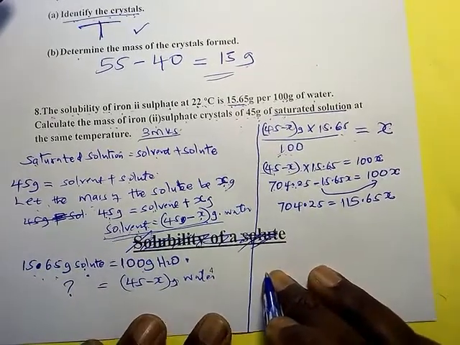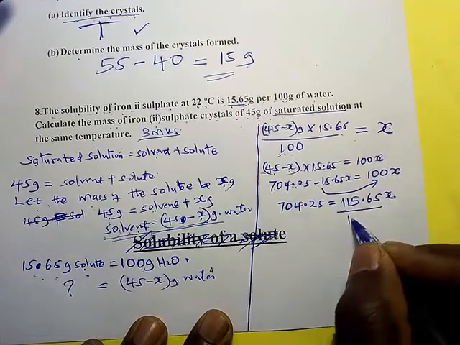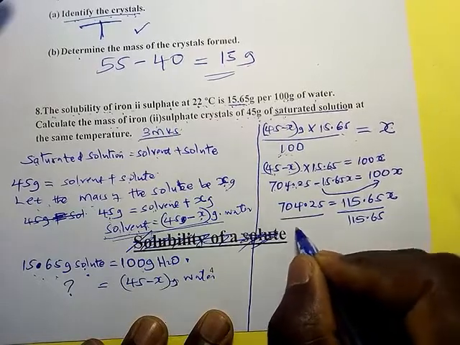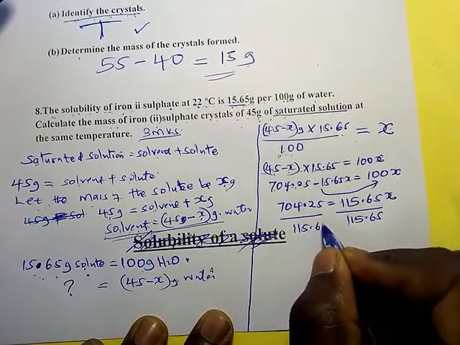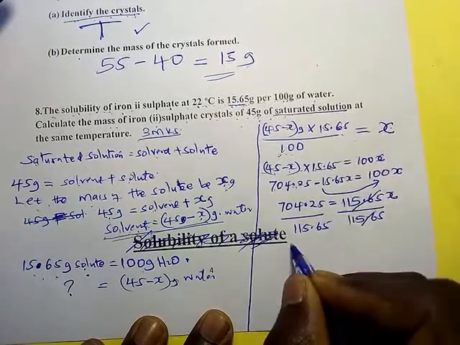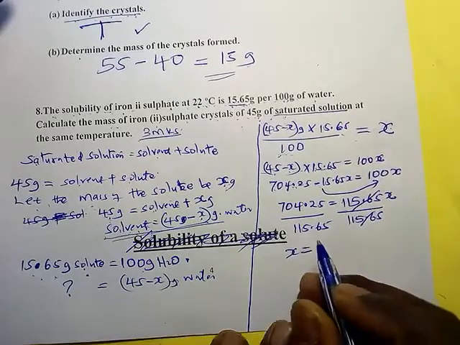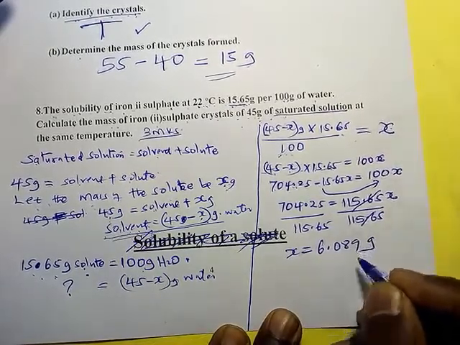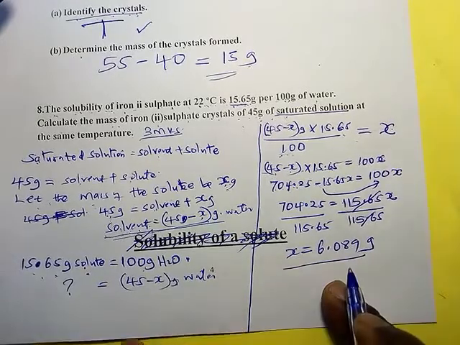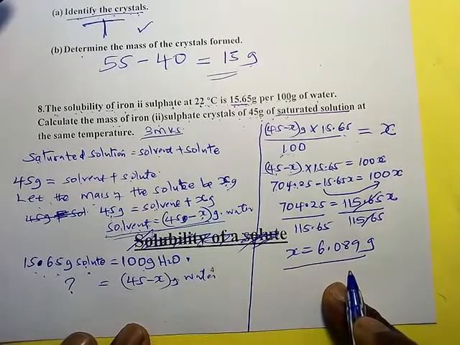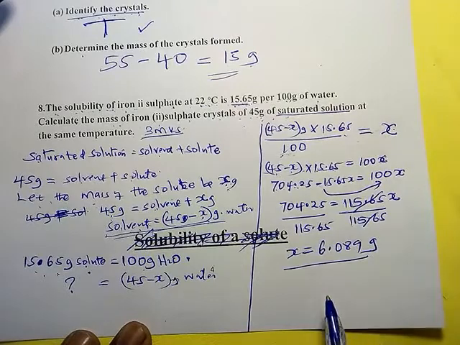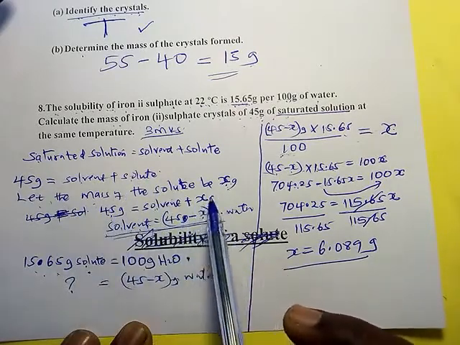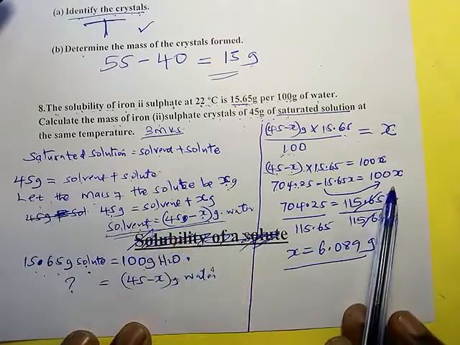We want the value of X, so we divide both sides by 115.65. So X equals 6.089 grams, and that is the mass of the solute that was dissolved in the water to form the solution.